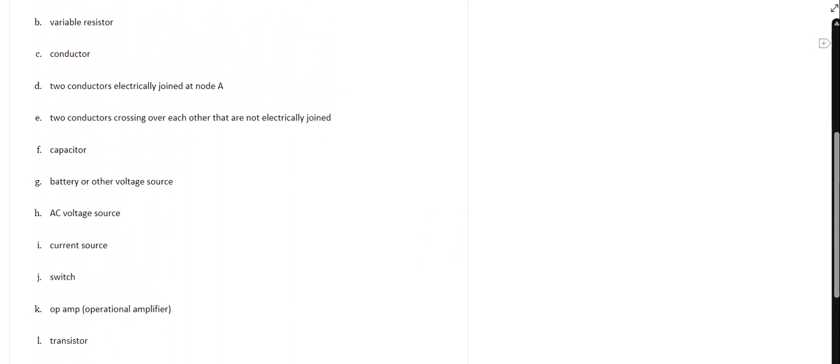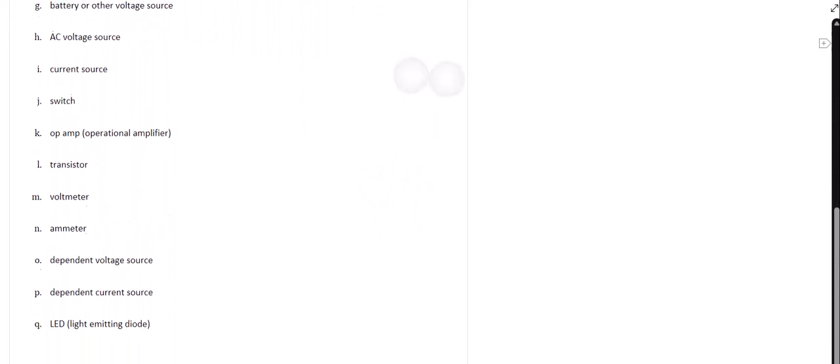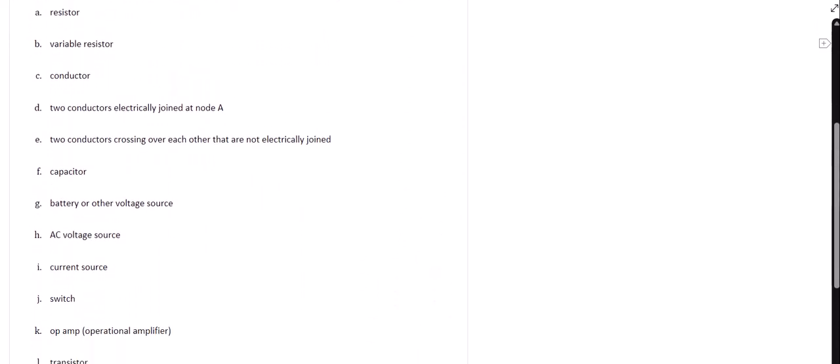There's just pictures. You will see slightly different ones. So for a voltage source, a battery or other voltage source, what you're usually going to see in your book is something that looks like that.